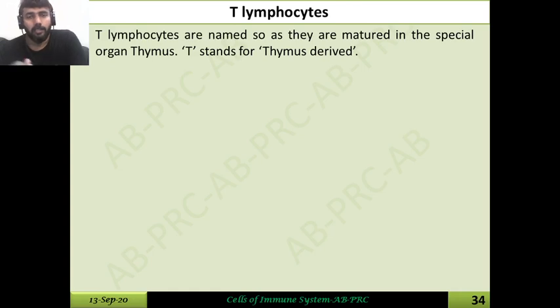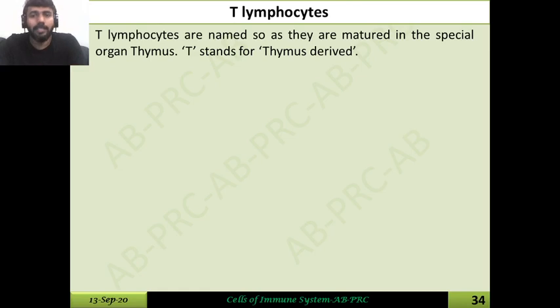So the name itself, T stands for thymus derived. We know B stood for bursa fabricius, from the birds, where there is an organ called bursa fabricius where the B cells matured. Here the T cells are given the name T lymphocytes because the T cells, after synthesis in the bone marrow, are released into the blood, and from the blood they migrate into the thymus.